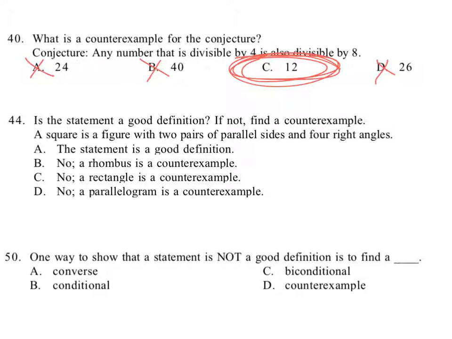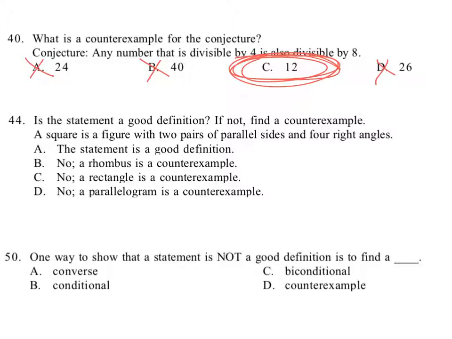Number 44, is the statement a good definition? If it's not, find a counterexample. If it is a good definition, you won't be able to find a counterexample to it. So, a square is a figure with 2 pairs of parallel sides and 4 right angles. Well, look at this.